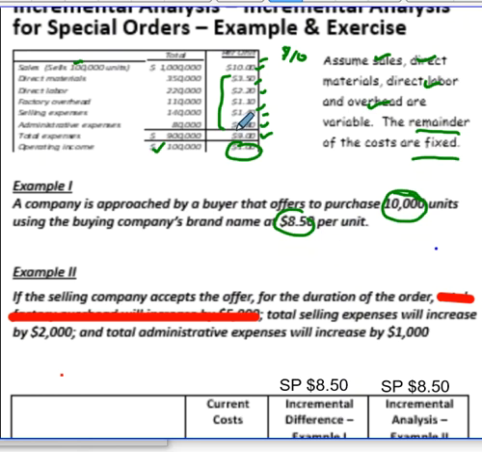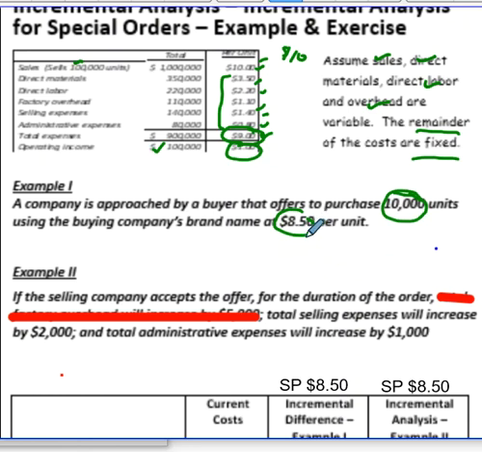Well, if you take a look at our total expenses based upon 100,000 units, our total cost to produce those units is $9 a unit. So the question is, if it costs us $9 a unit, does it make sense to sell somebody an additional 10,000 units at $8.50 a unit?